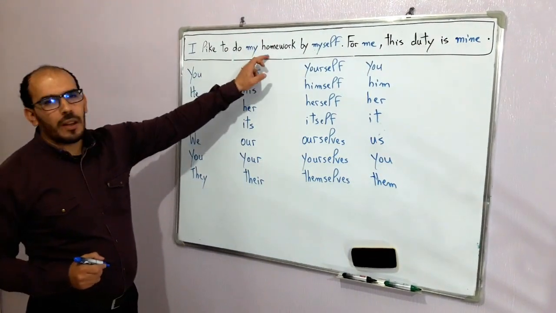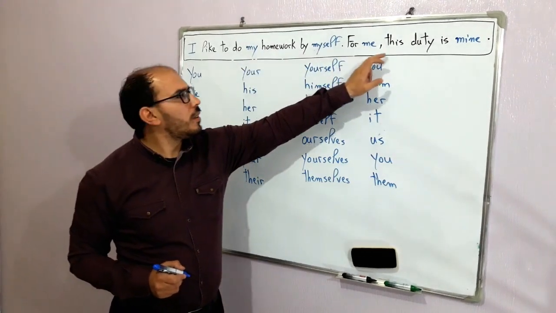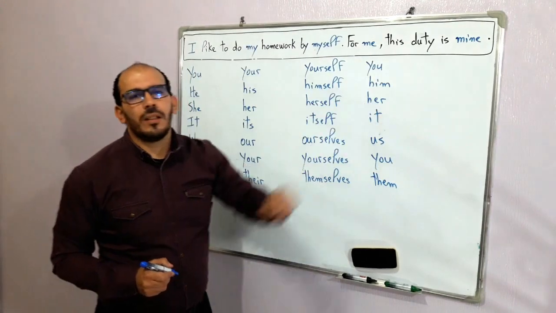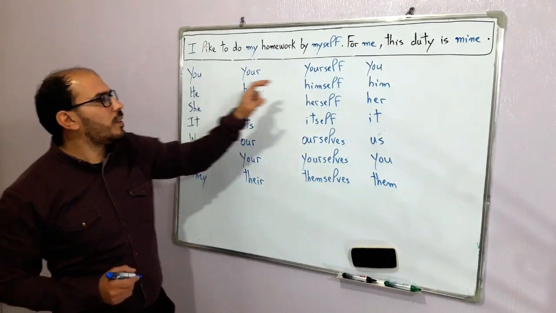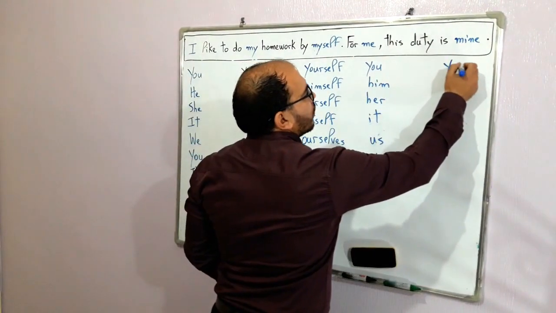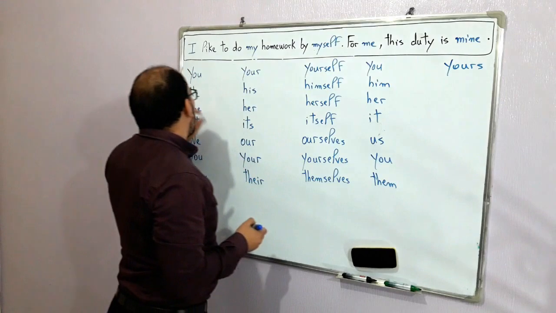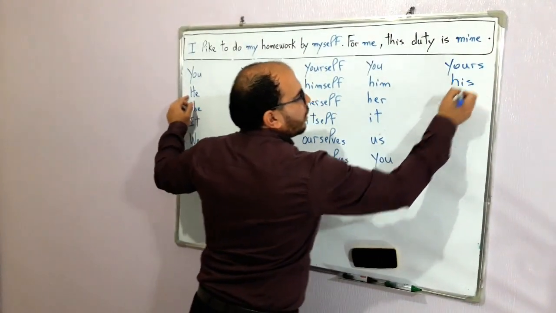I like to do my homework by myself. For me, this duty is mine. So if I say for you, this duty is yours. If I have he, so this duty is his.